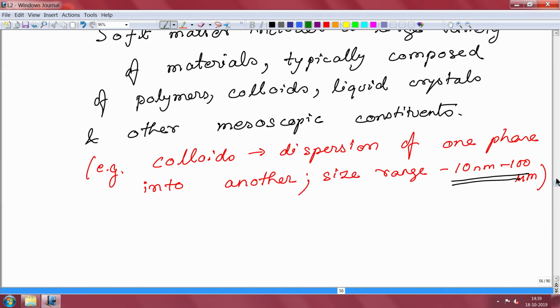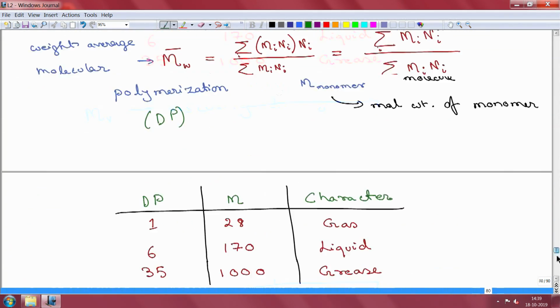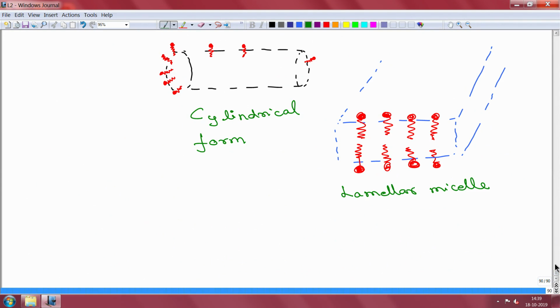When we had discussed colloids, we had said that the size range is usually between 10 nanometers to 100 microns, or between 1 nanometer to 100 microns. And we had said that this size range applies to only one particular dimension and not to the others. The reason is that something like a lamellar micelle would be classified as a colloid, even though this dimension can extend for maybe even millimeters and even larger. So, it need not be constrained in the planar direction, along the film. That size need not be constrained, but it will still be a colloid.